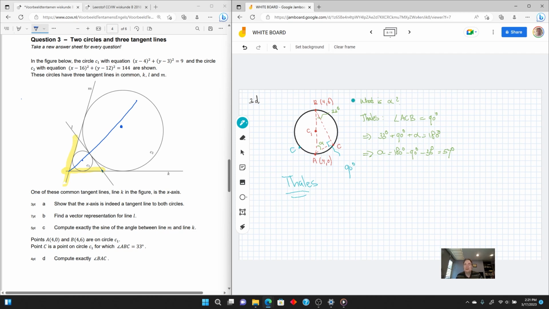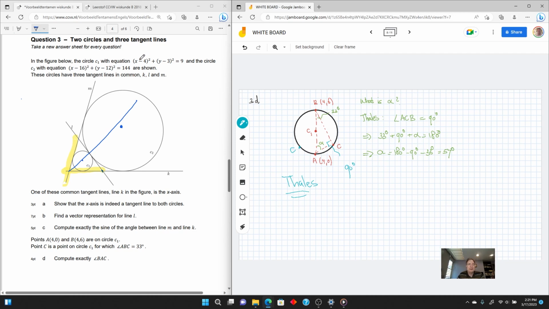We also know that the sum of angles of a triangle is 180 degrees. So 30 degrees, which is the known angle here, plus 90 plus alpha has to be 180 degrees. So alpha has to be 57 degrees.